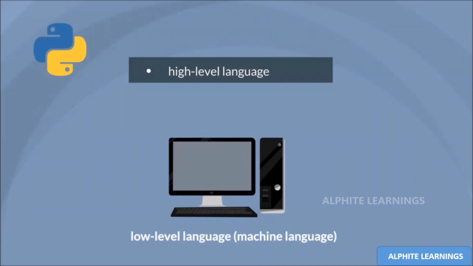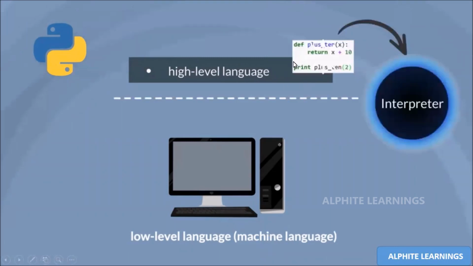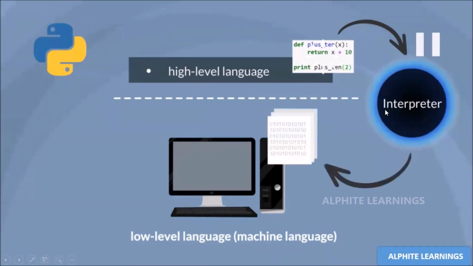So how do we get from a high level language to a low level language for machines? We develop code using Python, and the interpreter available in the Python software converts that into binary code so that it can be read and executed by the computer.